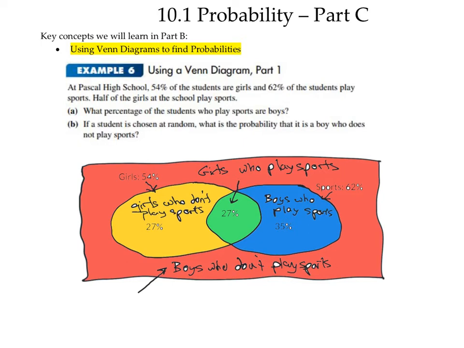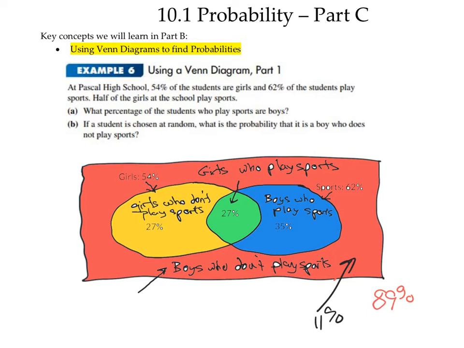And since 27 plus 27 is 54 and 35 adds up to 89%, that means that the boys who don't play sports must be 11% of the student body.